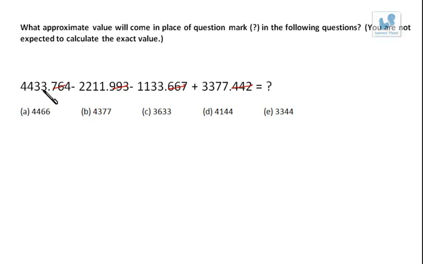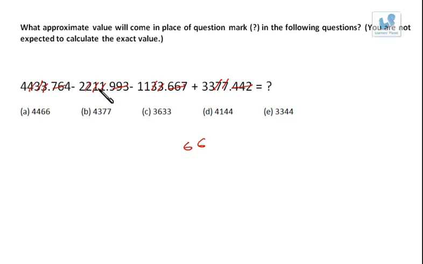Right? Now let's calculate. It's horizontal addition and subtraction simultaneously, so we don't have to worry much. So 3 minus 1 is 2, 2 minus 3 is minus 1, minus 1 plus 7 is 6, right? Then 3 minus 1, 2, 2 minus 3 is minus 1, minus 1 plus 7 is 6.